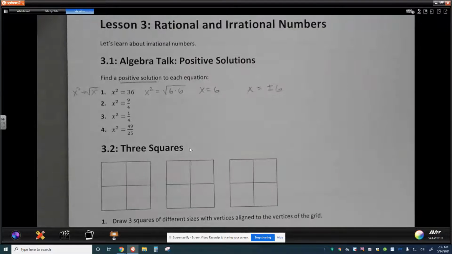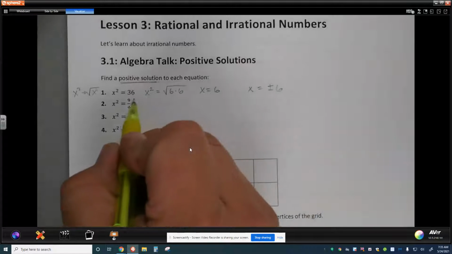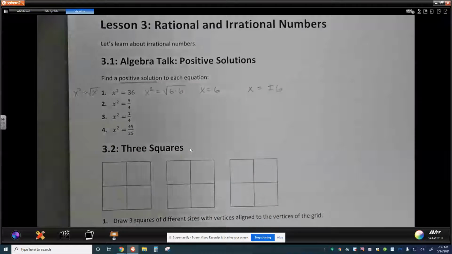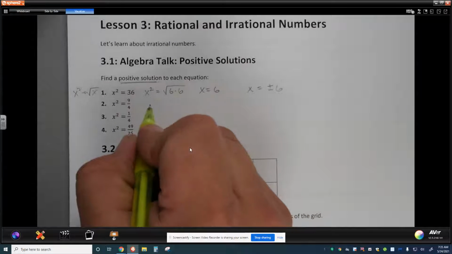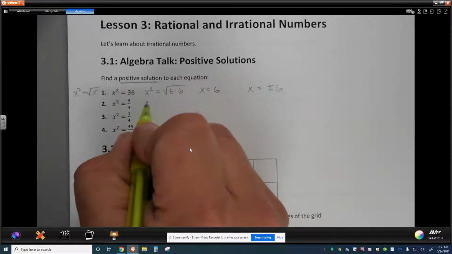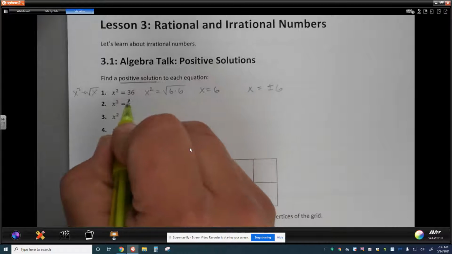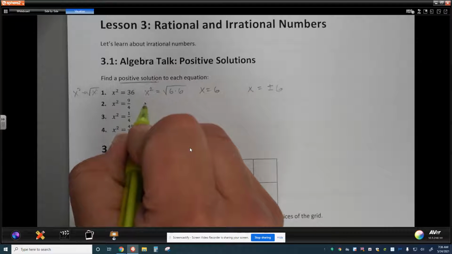On the next one, we see a fraction. As we get into the fractional value, we understand that the numerator and the denominator are separate values, and we need to treat them as such. We would take the square root of 9 and the square root of 4.